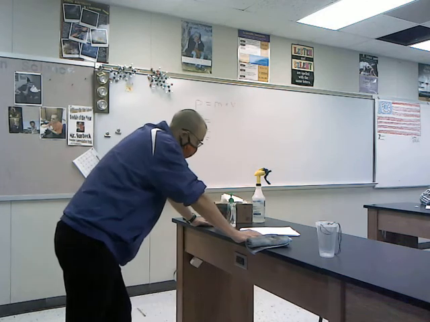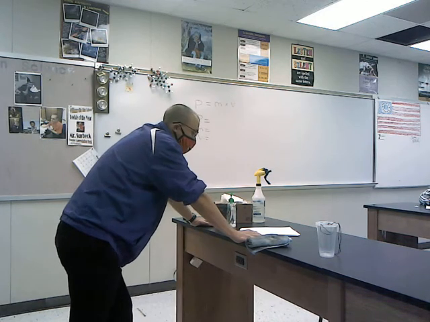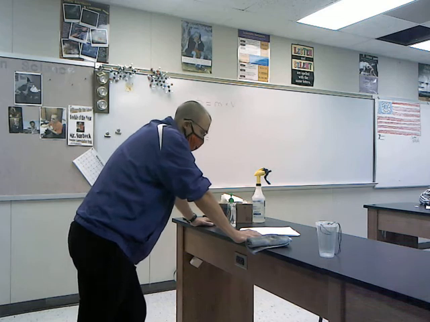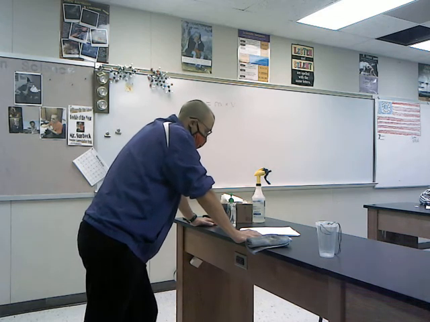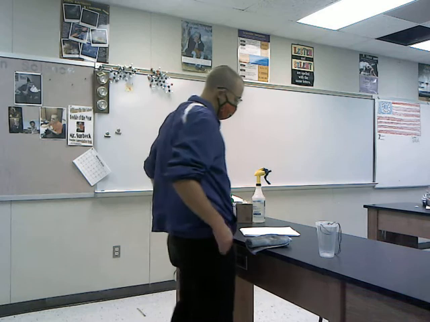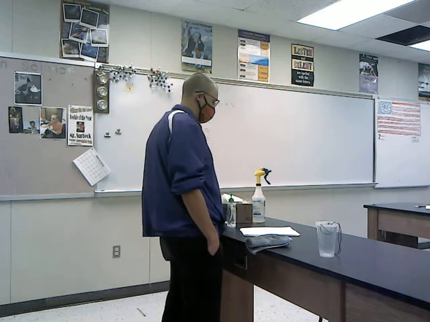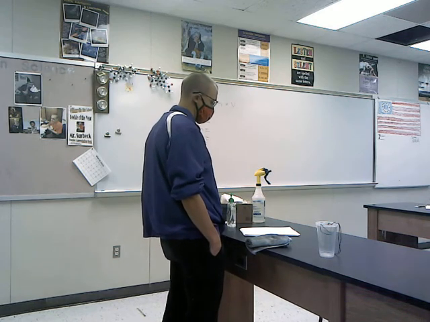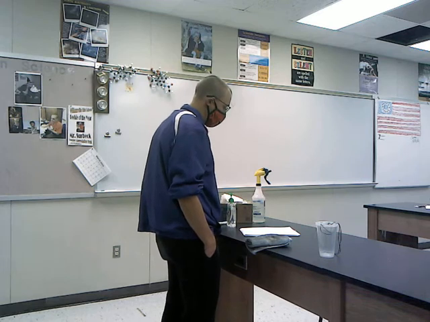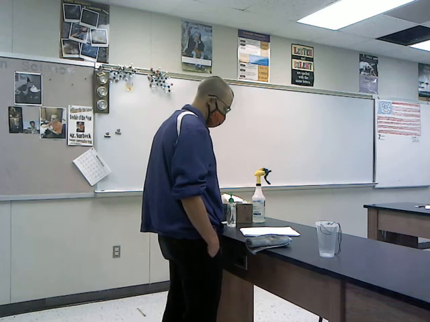Assume the driver had a mass of 61.5 kilograms. So the total momentum of this car was 4.416 times 10 to the third kilogram meter per second. We want to know, we already solved for speed.